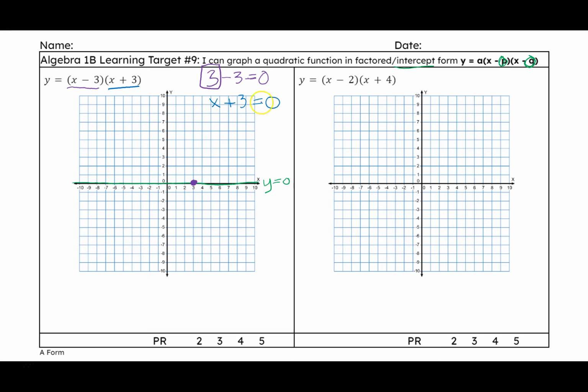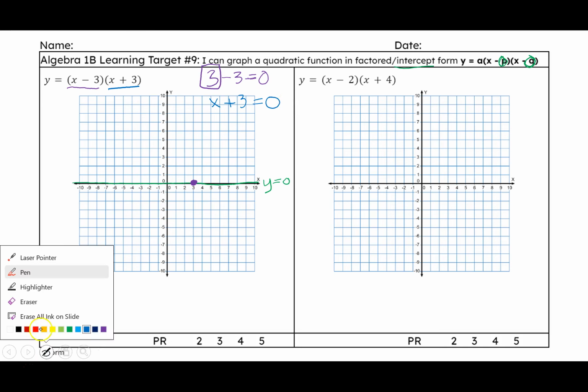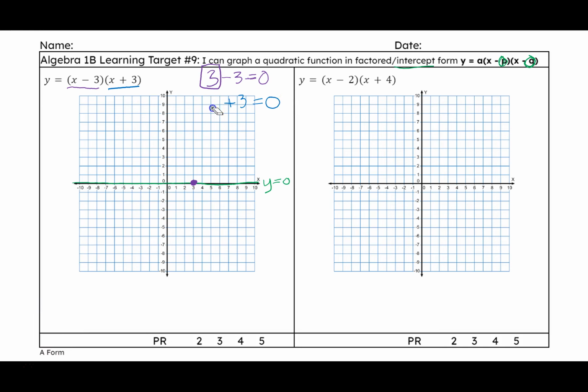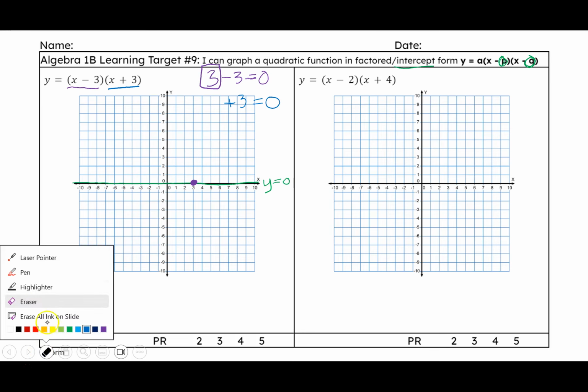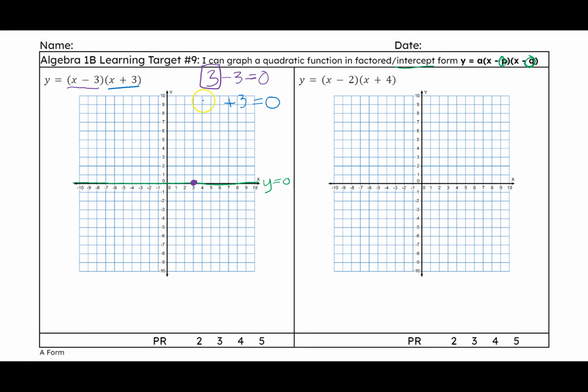Negative 3 plus 3 will equal 0. So I've got another value for x that will turn y into 0. That is negative 3. There's my other x-intercept.